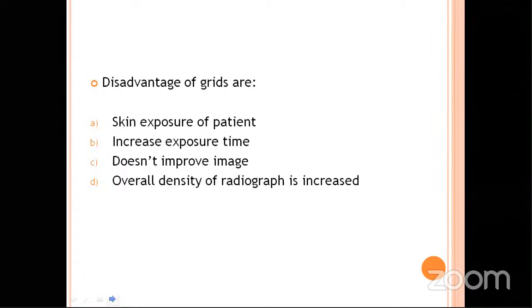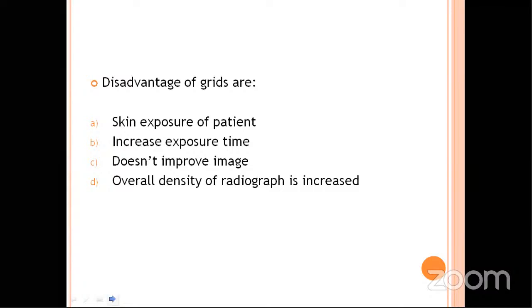Disadvantages of grids. Grids are used while taking extraoral radiography, that is, when using screen films. Normally we use 2 different types of films. One is screen films, the other one is digital. What we use nowadays is the digital. Previously screen films were used to take extraoral films. At that time grids were there. So the main disadvantages of grids are skin exposure of patient, increased exposure time, doesn't improve the image, overall density of radiograph is increased.